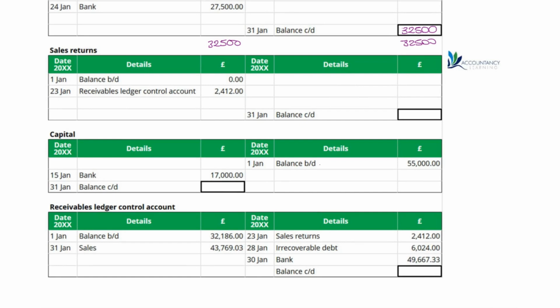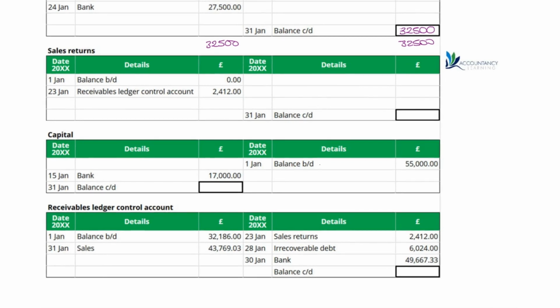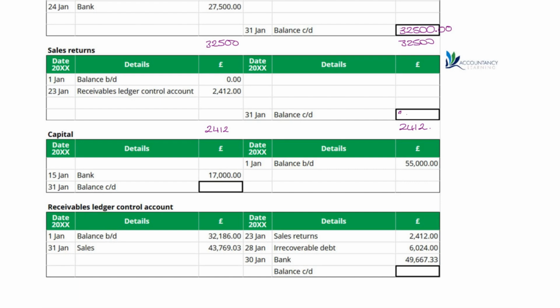For the sales returns, again, we've got nothing on the credit side, so our total comes from the debit side, and let's not forget to put in our 2 decimal places. So again, it's quite straightforward that we can carry down that full balance there because we've got nothing on the credit side.